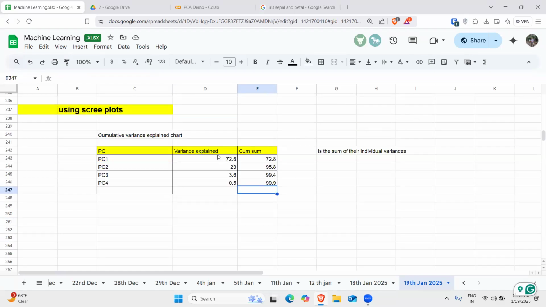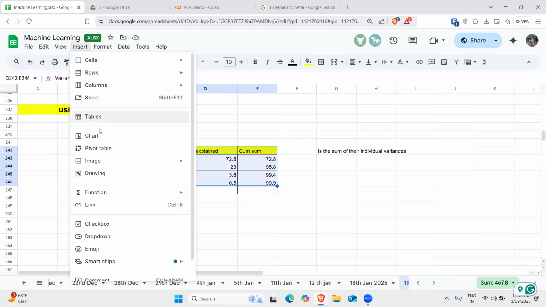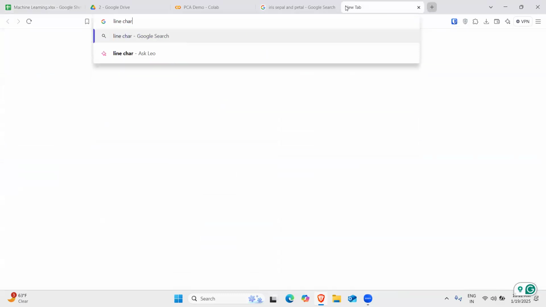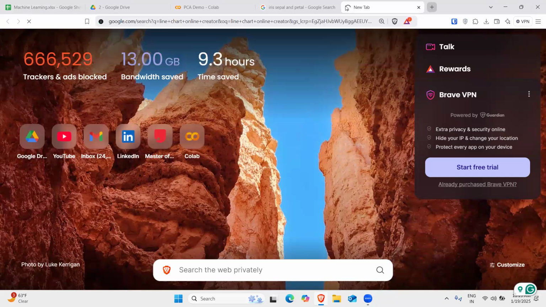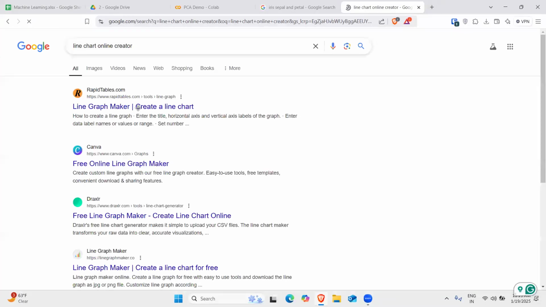So what you can do is, now I think we'll not get a line chart on this. Let's see, line chart online creator, line graph maker.